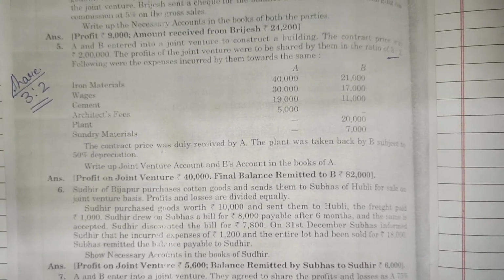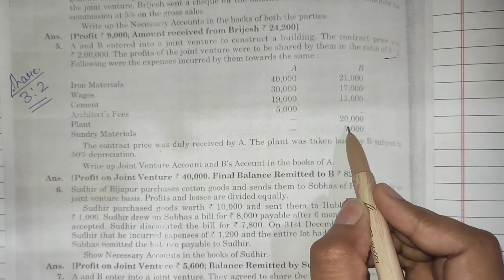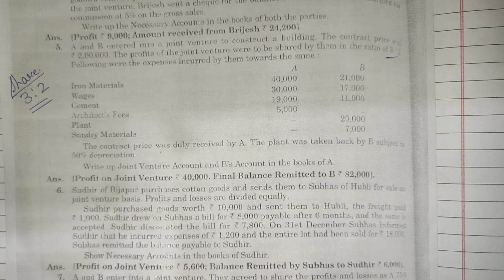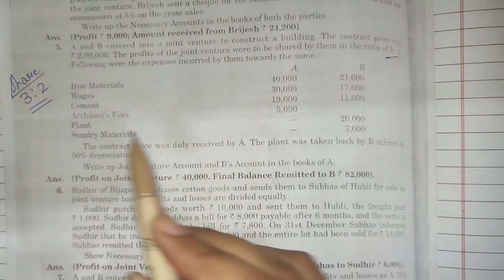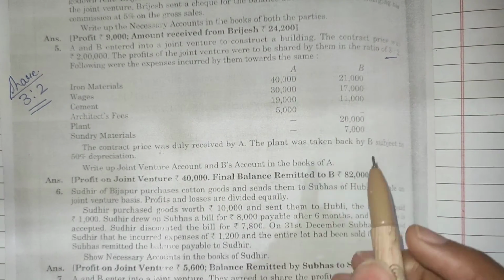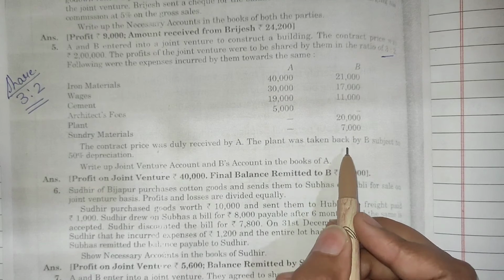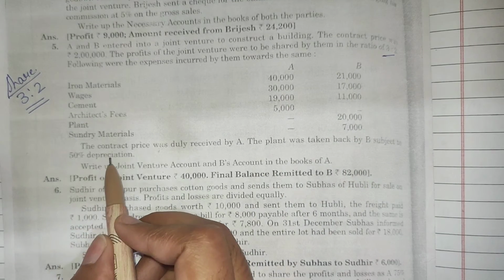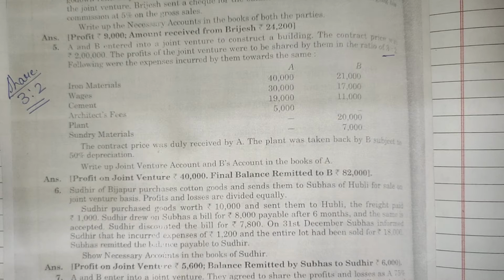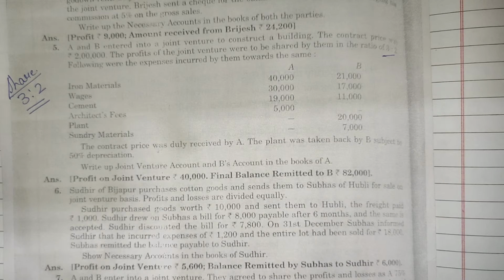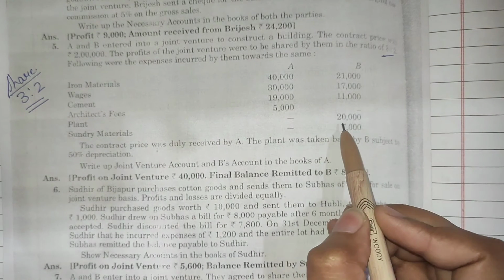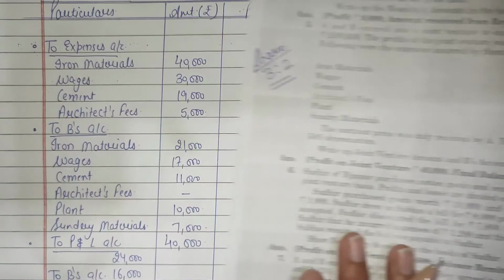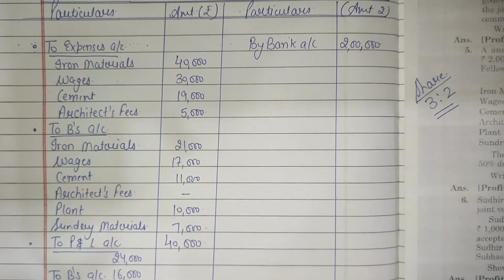As you can see, in the question the amount of plant is mentioned as 20,000 rupees, but we have to mention only the expenses on the debit side of the joint venture. The plant's amount is 20,000, but here it is mentioned the plant was taken back by B subject to 50% depreciation. 50% depreciation means the expenses are of only 50% and the remaining amount will be given back to B. So 50% of 20,000 rupees, 10,000, that is the expense during the consignment.